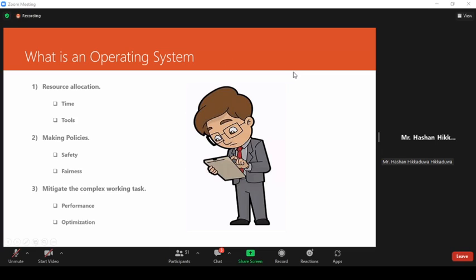If it is a toy shop, after 6 months or 3 months, we need to evaluate the workers. How is their performance? Best or not? Likewise, they need to do the optimization. Since several people are working, we need to optimize their work.